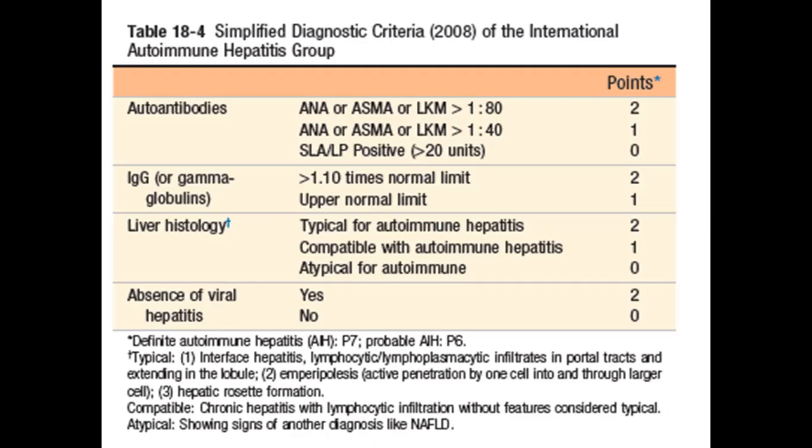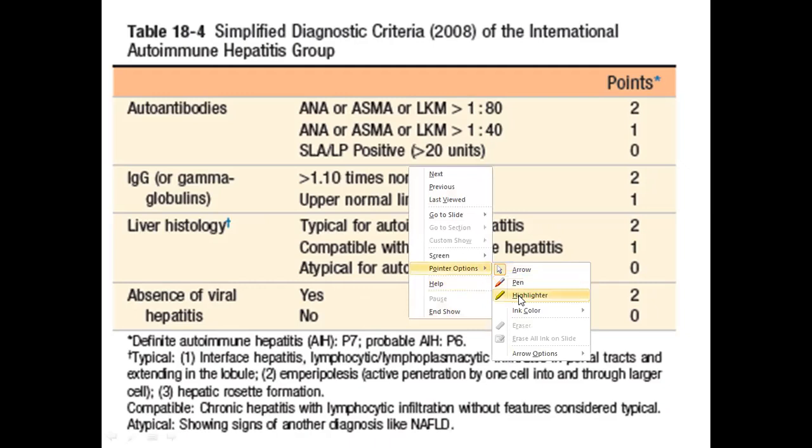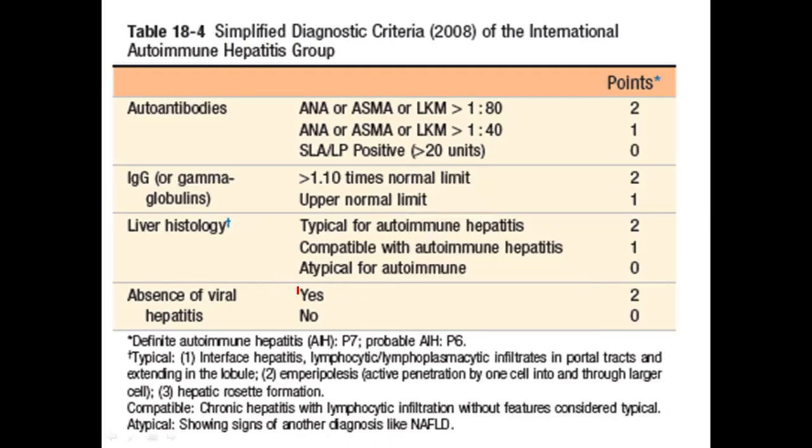Again, in this criteria, the most important thing is the absence of viral hepatitis. If the viral hepatitis markers are absent, like hepatitis B surface antigen, hepatitis C antibody, IgG, IgM, core antibody, and the patient is having hepatitis, then the score is 2.